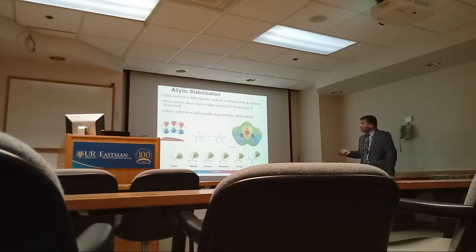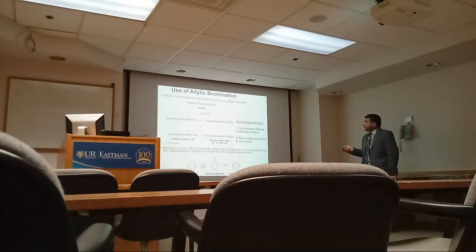These hydrogens are easily displaced by other functional groups. Here, they reach the level that it cannot be easily displaced, so that's why it becomes more stable. And then, use of allylic bromination, industrially it is used, it's very important. Why? Because less hindered radical gives major products, and more substituted alkenes are more stable because they don't have more hydrogens to lose.